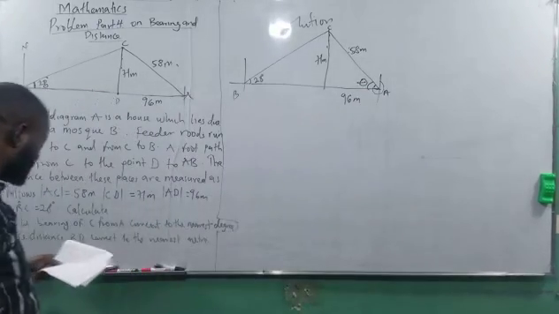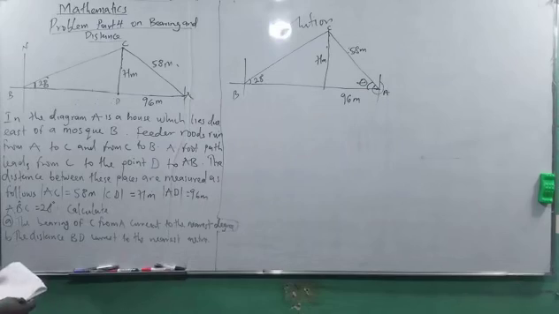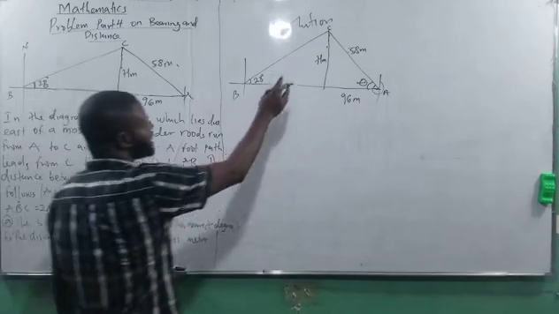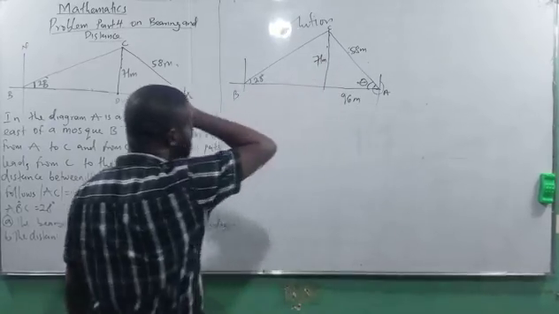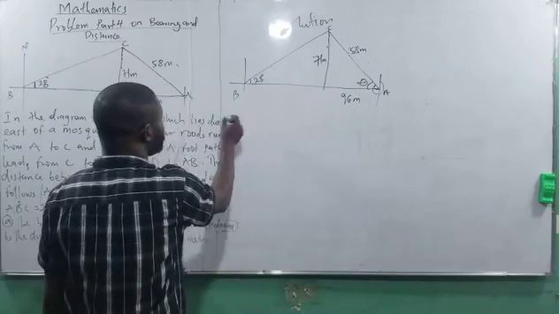Since I have this one at 71, and I have this one, I will use the cosine rule.